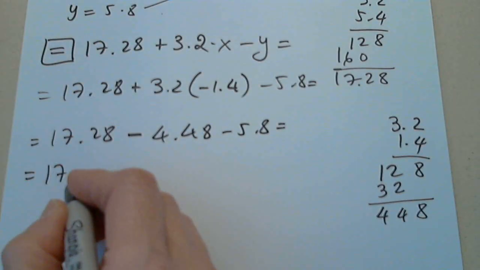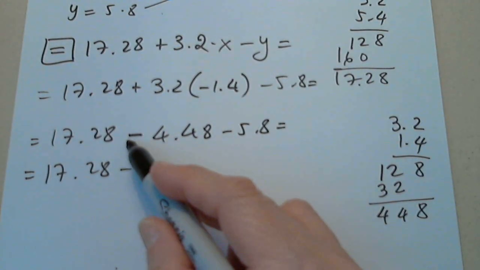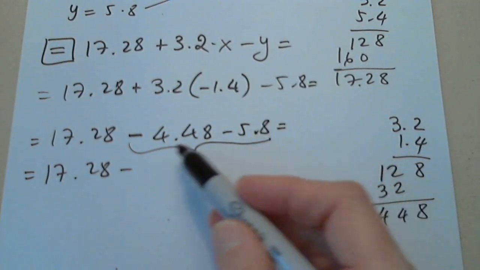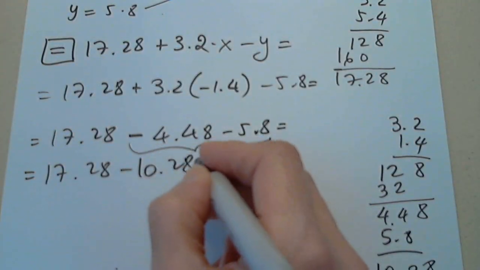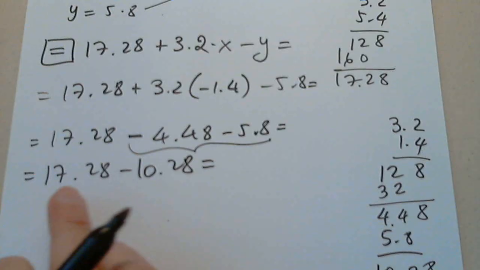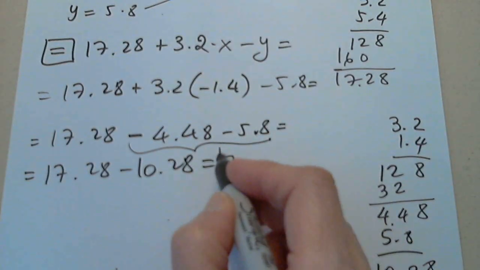So I have 17.28 minus. I prefer adding this debt if you want. So to 4.48, I'm adding 5.8. Remember the decimal digits have to line up when we add. 10. 28 and 28, and 17 minus 10 is just 7.